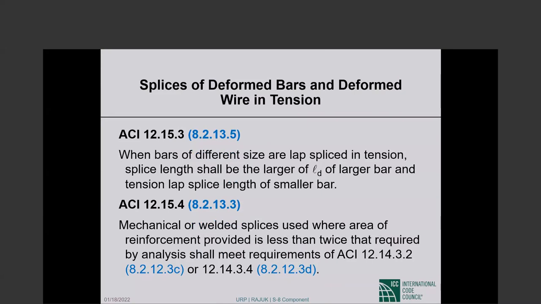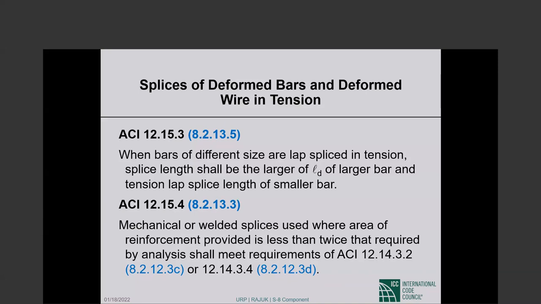Okay, I will read it one more time because this is extremely important, and please pay attention. When bars of different sizes are lap spliced in tension, splice length shall be the larger of development length of the larger bar and tension lap splice length of the smaller bar.